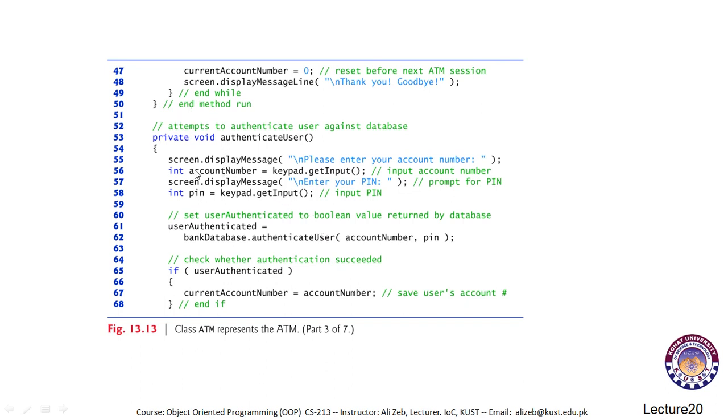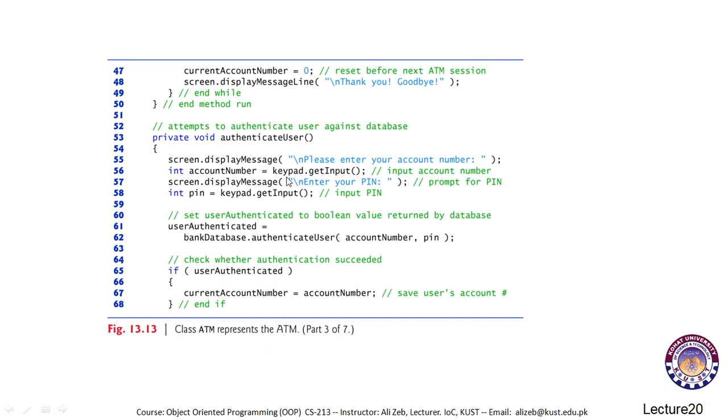That is why we have made it private. It will try to access the database and check the details of the user. If these are correct, then the user will be authenticated. Once the method is called, it sends a message to the Screen class to display a message on the screen.